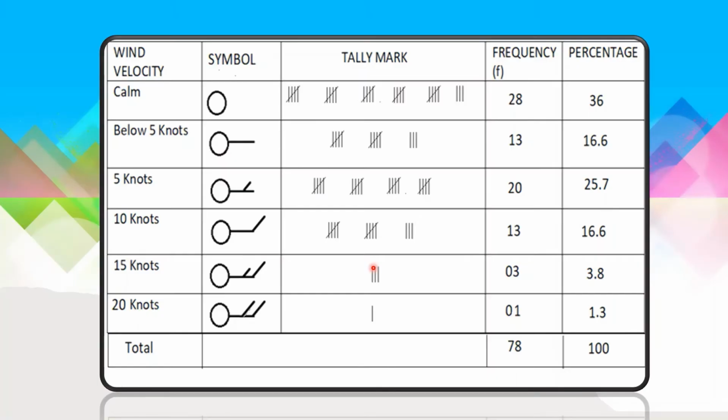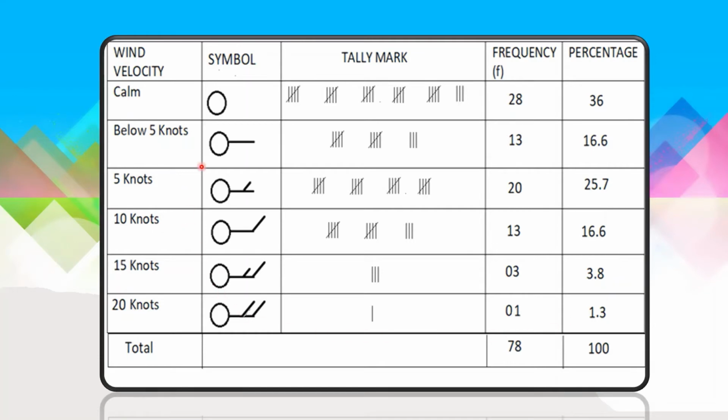A point to be mentioned in wind condition is wind velocity. Wind speed is directly proportional to the gradient of pressure, but due to frictional force, the speed of wind is controlled. In the given map, the highest velocity of wind is 20 knots.